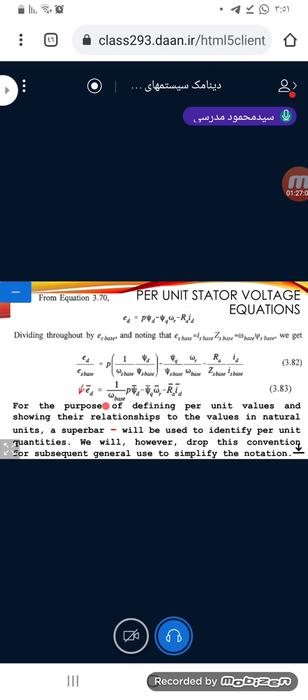For the purpose of defining per unit values and showing a relationship to the values in natural units, a super bar will be used to identify per unit quantities. We will, however, drop this convention for subsequent general use to simplify the notation.